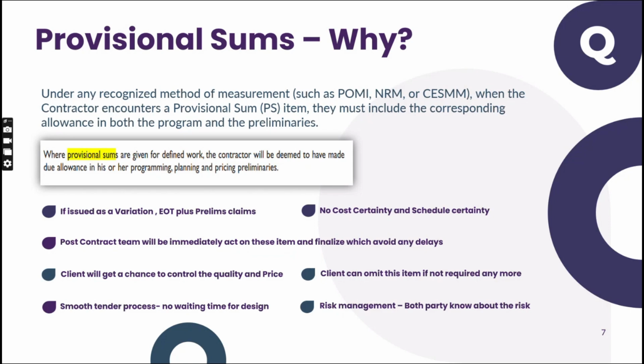So you may wonder why the client or consultant asks initially to submit your labor histogram, your resource histogram, everything. It is because they want to see what you have planned. I don't know how many of you work for a contractor or consultant.